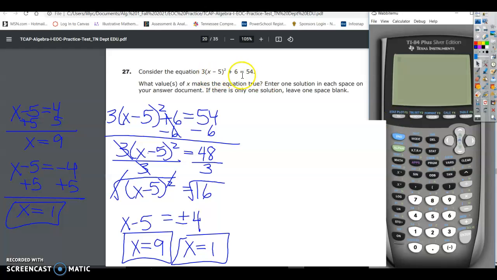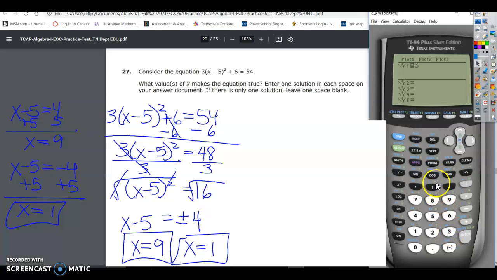I can't just subtract 54 and set it equal to 0 to find the zeros, because this whole side would have to be adding 54, not just the 6 in this case. So let's look at how we set it up with two separate equations. We're going to put the left side in as equation 1.